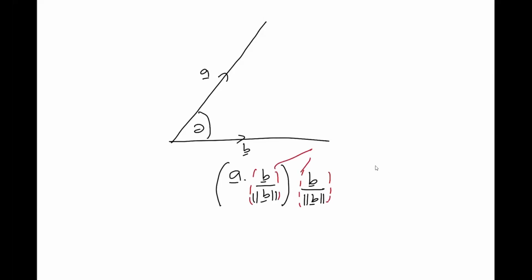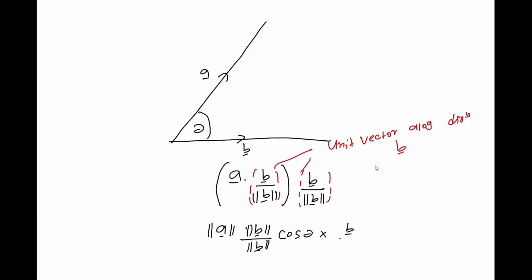These two factors are nothing but the unit vector along the direction of the vector B. I consider the Euclidean dot product first, because you get the intuitive idea. I can write this as A's norm times B's norm divided by B's norm, times cos theta, times B vector divided by its norm.